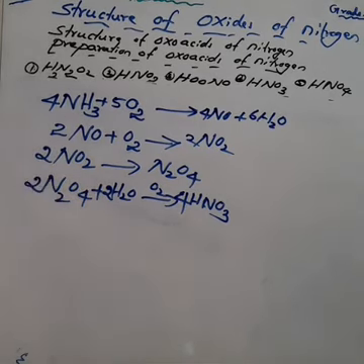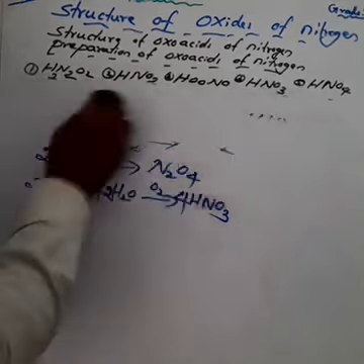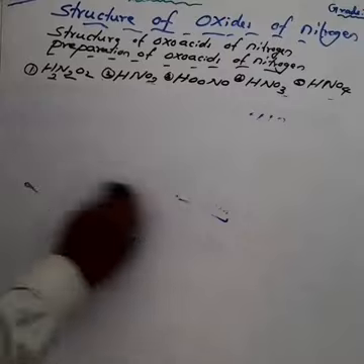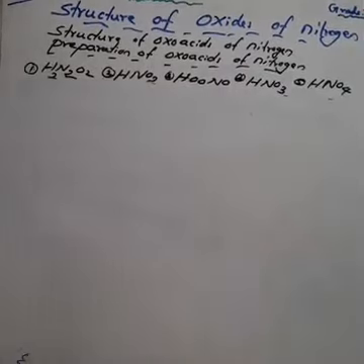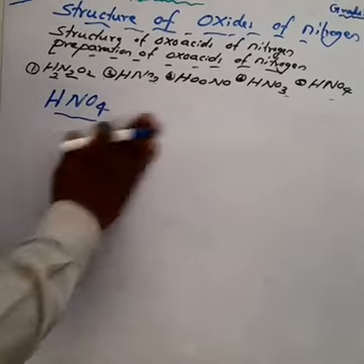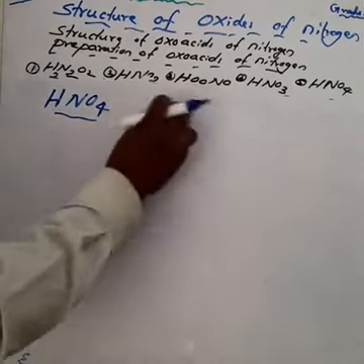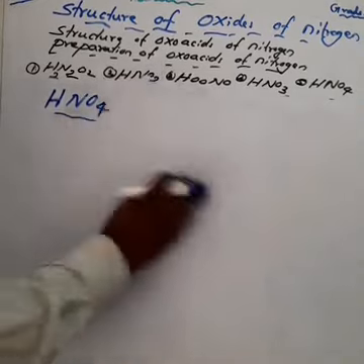The last one is about pernitric acid. Adding 1 oxygen to nitric acid, we get pernitric acid. What is the formula? HNO4. Okay, the last preparation, pernitric acid. What is the formula of pernitric acid? HNO4.